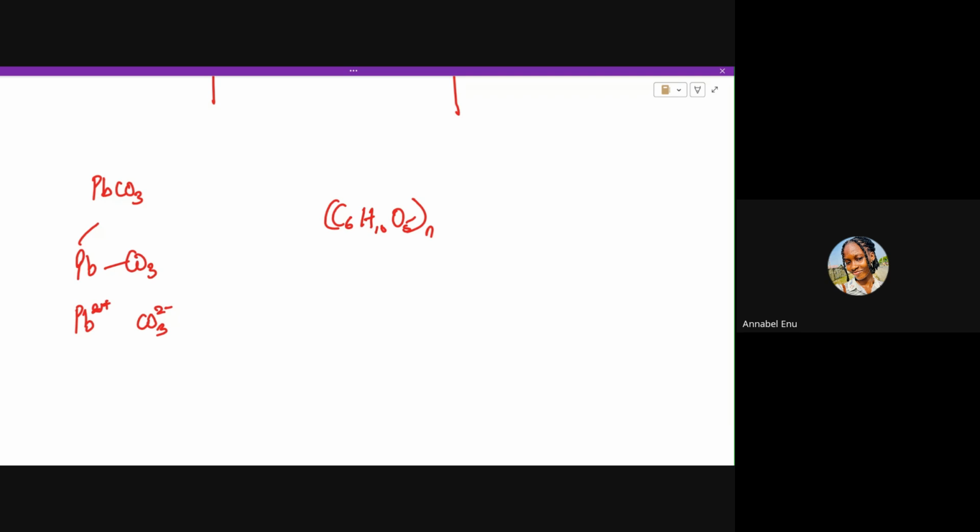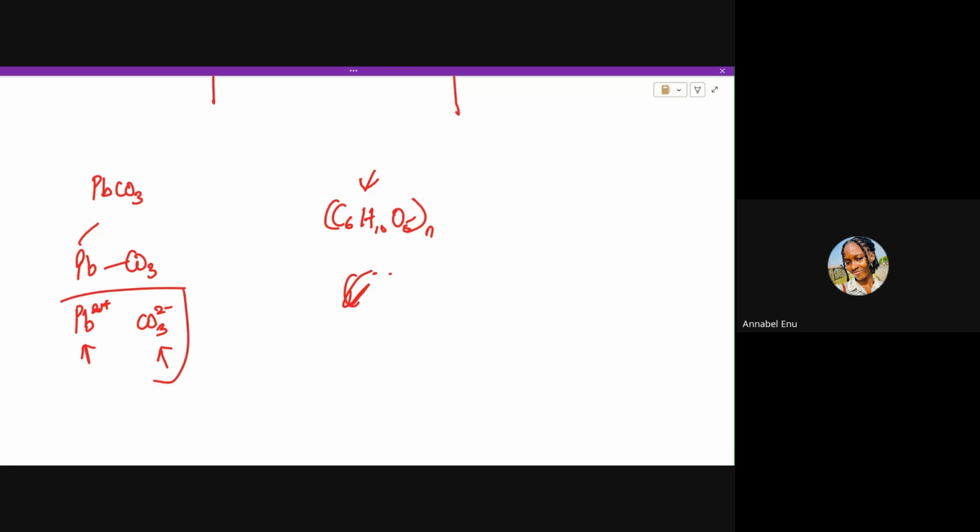So there is no way this is going to split to form a negative or a positive side. In essence, we are testing for the presence of Pb, of CO3 2-, and of starch as a whole.